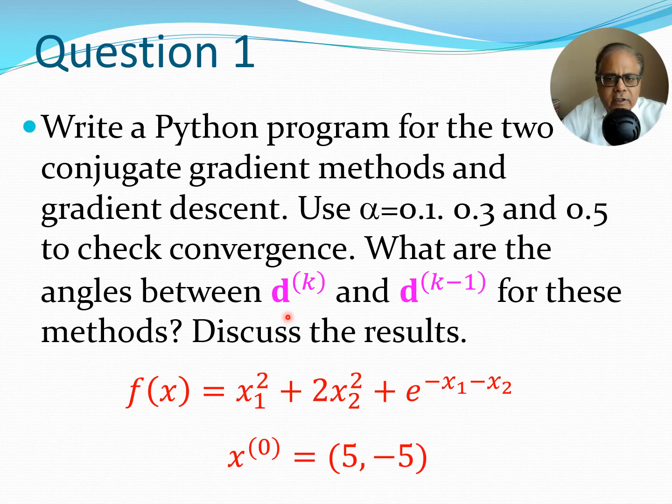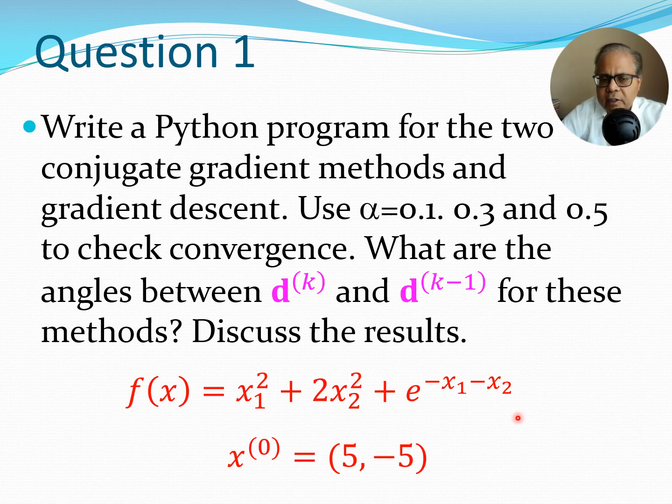And also we need to look at the angle between dk and dk minus 1. Remember, these are the search direction at the k and k minus 1th point for these methods. Now this particular angle is going to reveal to us certain aspects as to why the steepest descent method works well in machine learning.